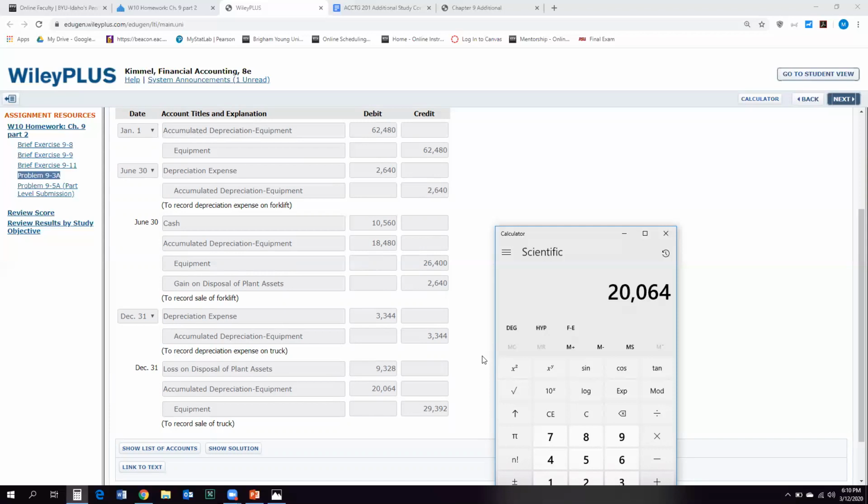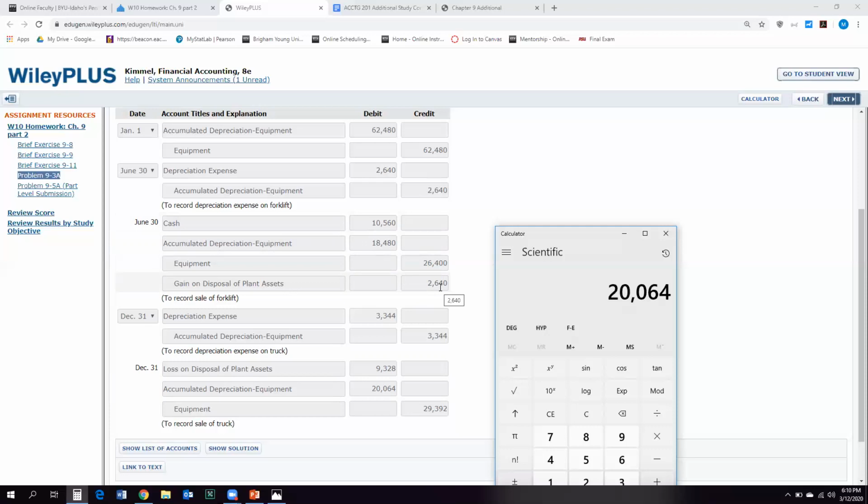My way is just a shortcut, I think, or maybe someone who's been doing it a long time just says, hey, if there's a difference between the cash I receive and then the write down of the accumulated depreciation and the equipment, if that difference comes out on the debit side, it's always going to be a loss. And if that difference comes out on the credit side, that's always going to be a gain. That's just my shortcut because I've done it a lot of years.